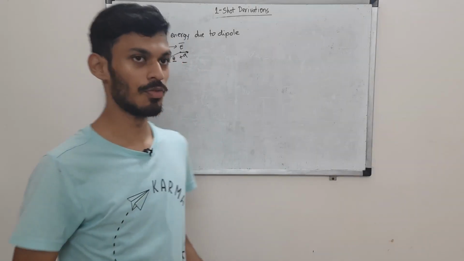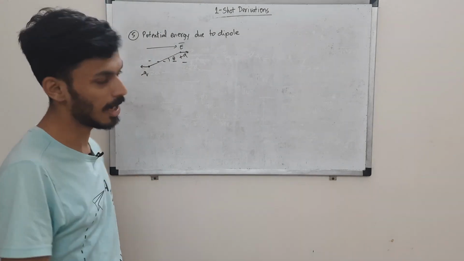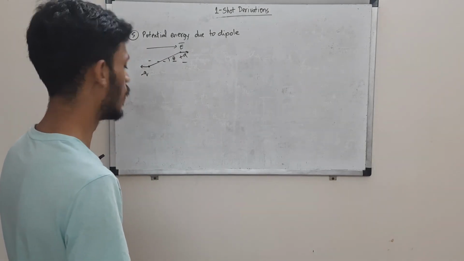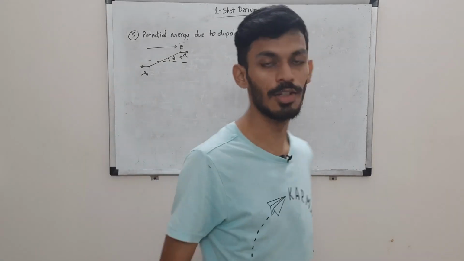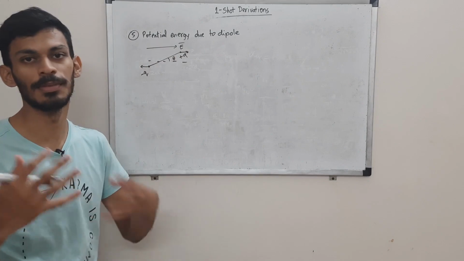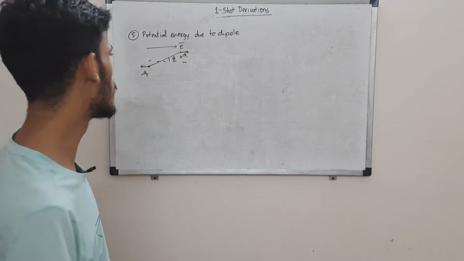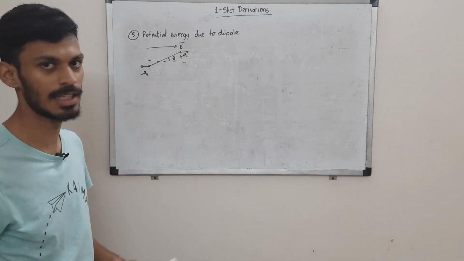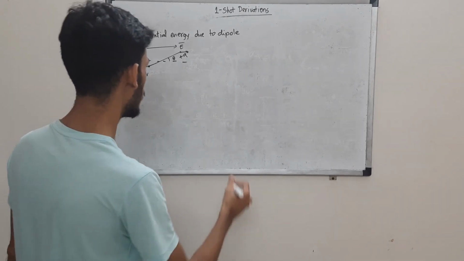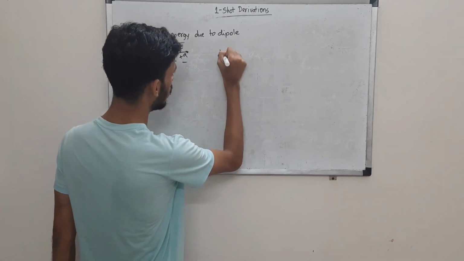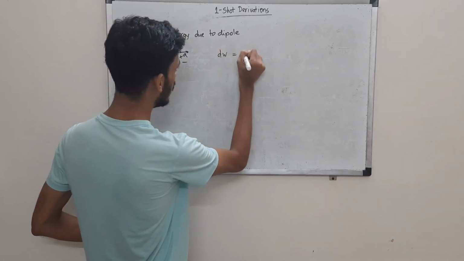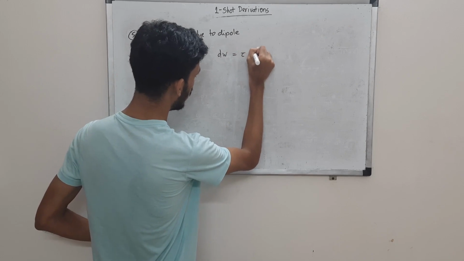I have an expression for potential energy of a dipole which is placed in a uniform electric field. First of all, we know that in a uniform electric field, the dipole, if it's not parallel to the field, will experience some torque. So suppose you want to displace this dipole by applying some external force, the work done to rotate it by an angle d theta will be the torque times d theta.